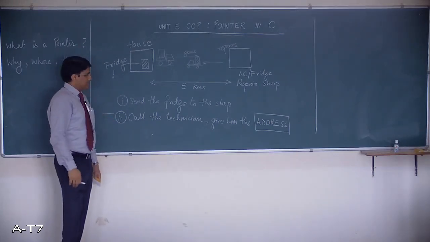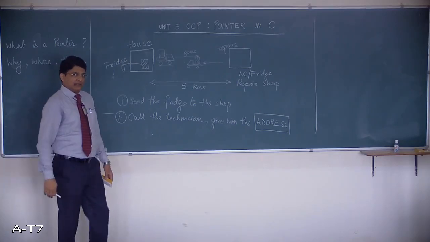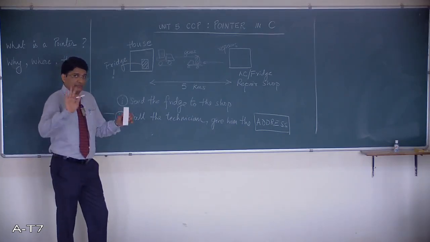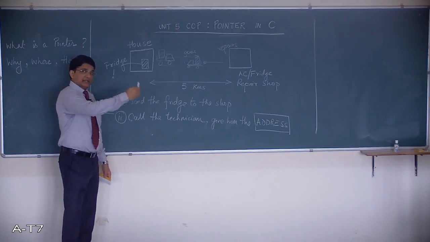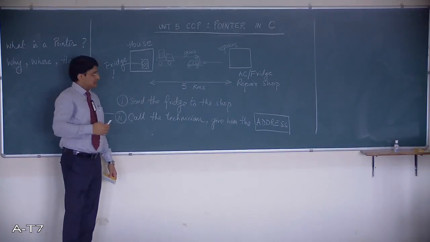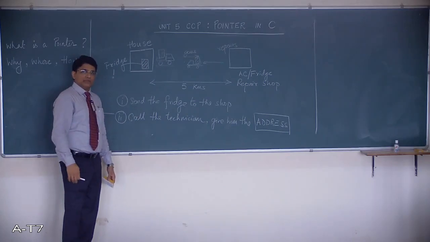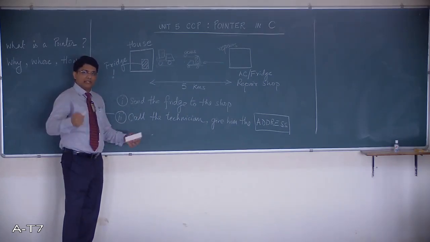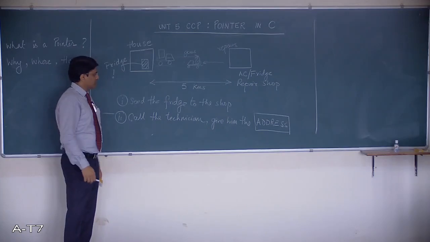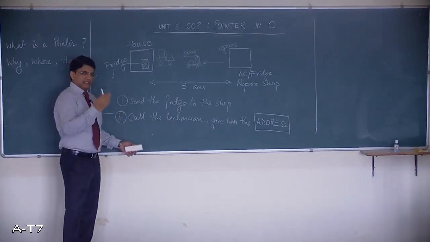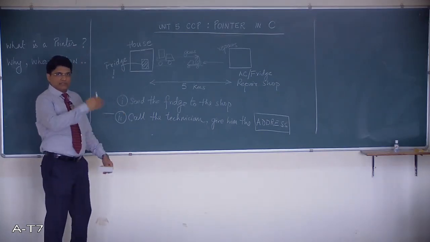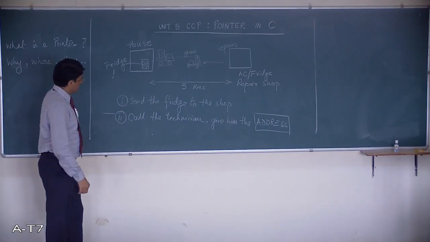Call the technician, give him your house address, don't send the fridge. The technician would find you at your address, come to your home, and do the necessary repairs, provided he brings all the kit along with him. And after the repairs are done, the job is over, pay him off and he goes off.